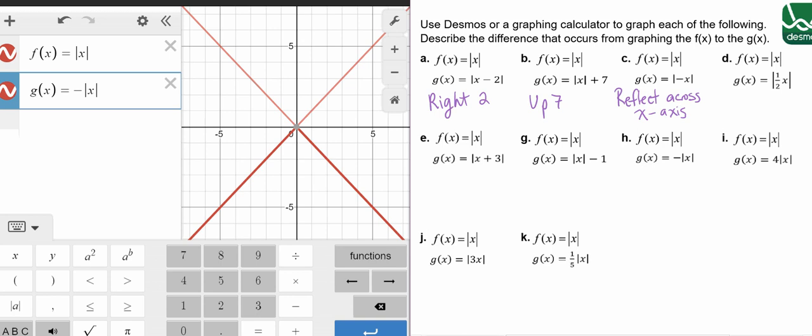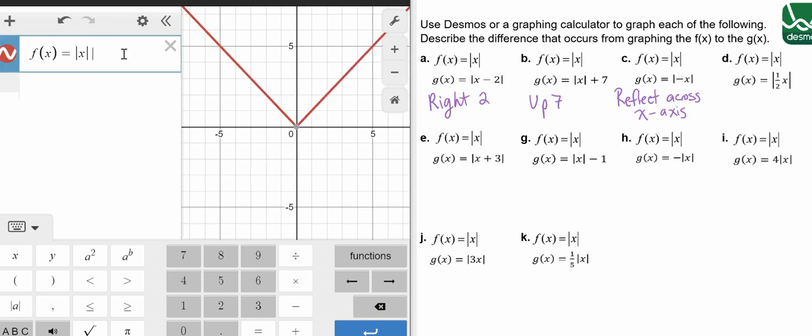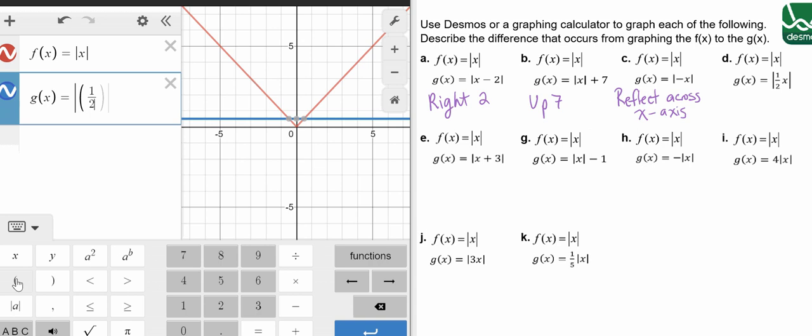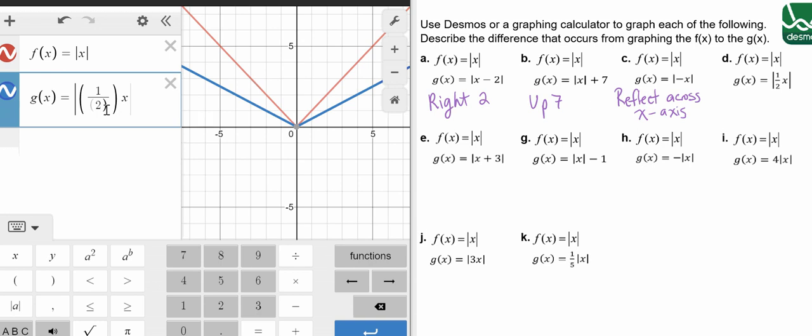Let's take a look at letter D and how that might change. So here for our g of x, we have the absolute value of 1/2 times x. Now notice what has happened to our graph.